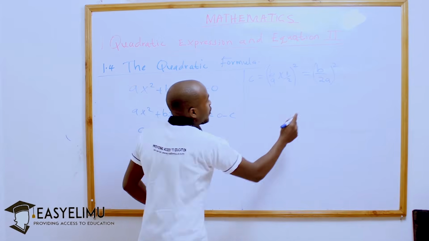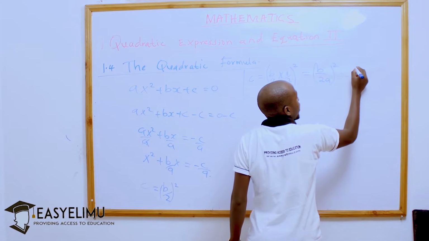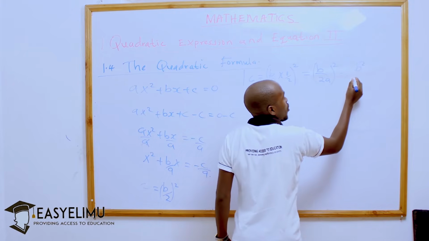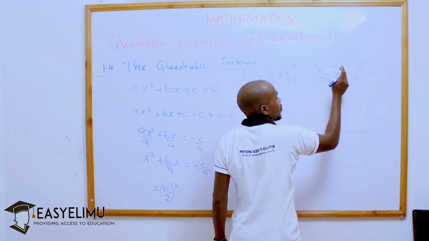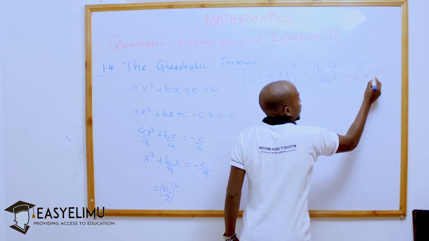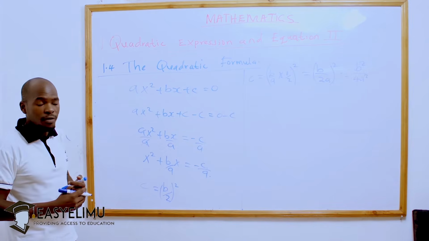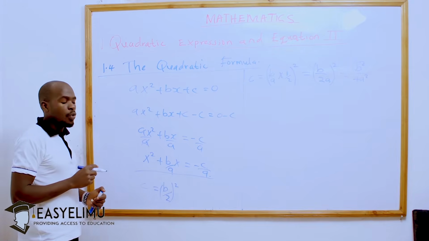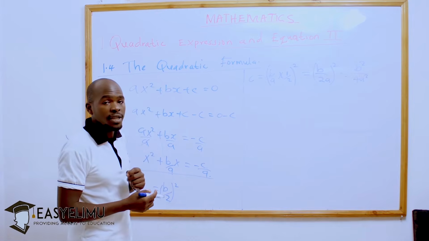So c is b squared over 2a squared. 2 squared gives 4, and a squared remains a squared. That is what we end up with as the value of c. In this quadratic equation, we need to make the left hand side a complete perfect square.